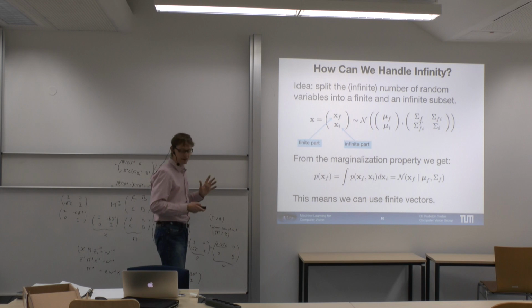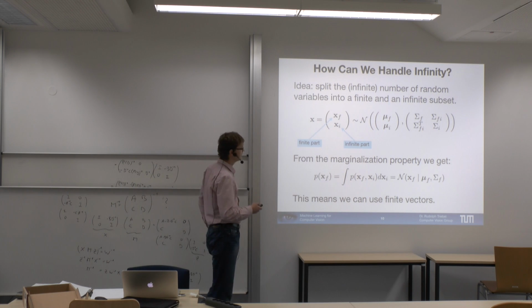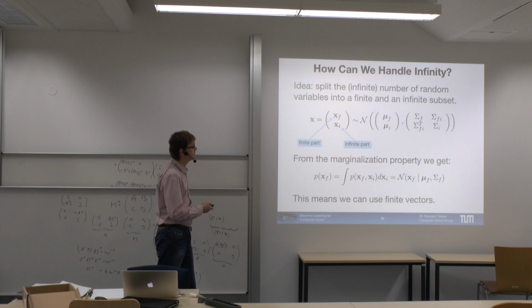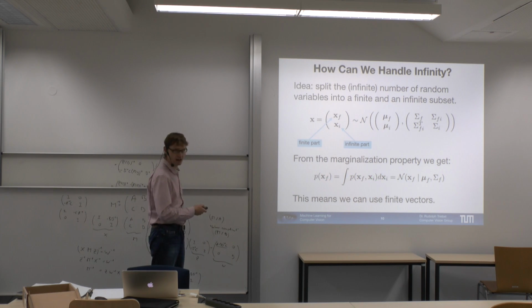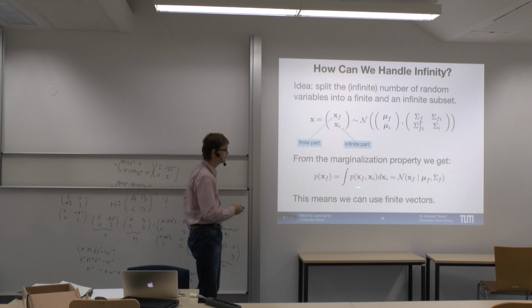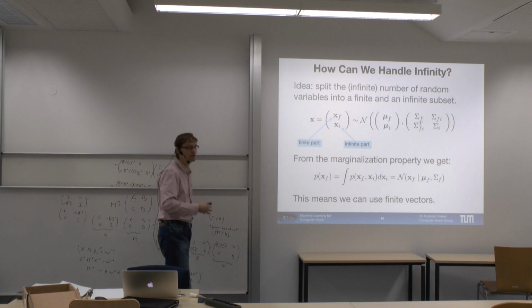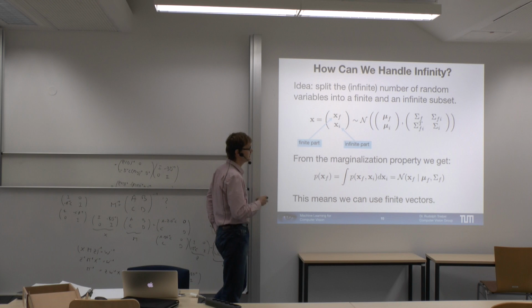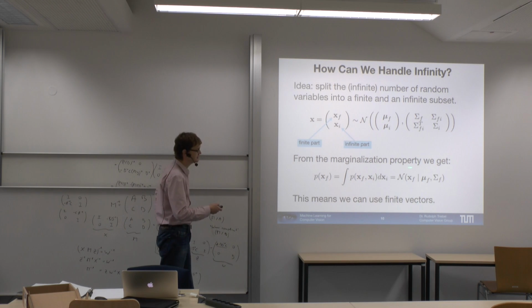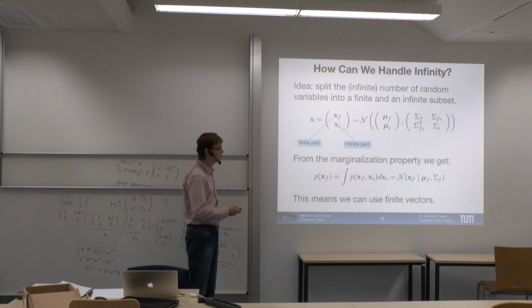The whole trick is that for Gaussians, if you compute the marginalization, so if you compute P of xf, which is defined as the joint where we marginalize out all the infinite parts, which is just the definition of marginalization, where we average over all infinite parts of the GP, then the theory says that this is exactly just the Gaussian where we only take the finite part.